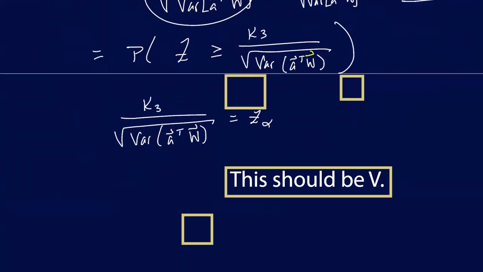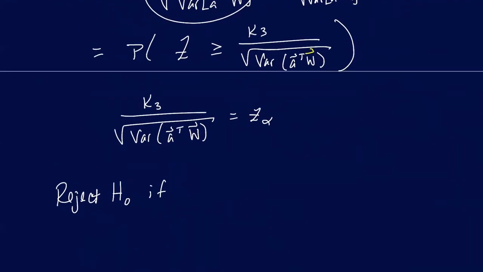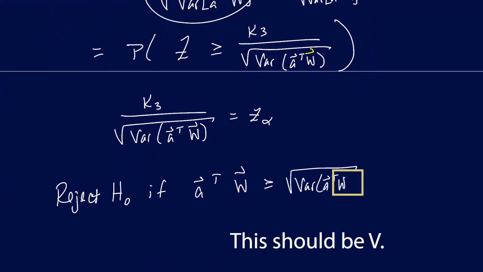So the final test is to reject the null hypothesis if A transpose W is greater than or equal to the square root of this variance times Z sub alpha.